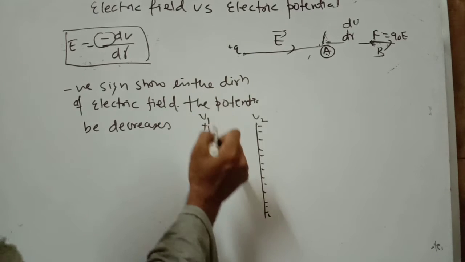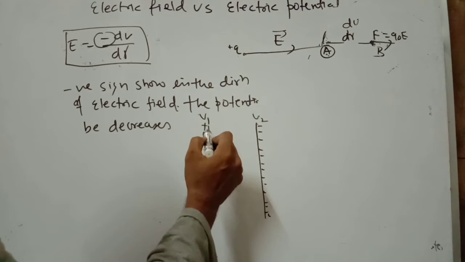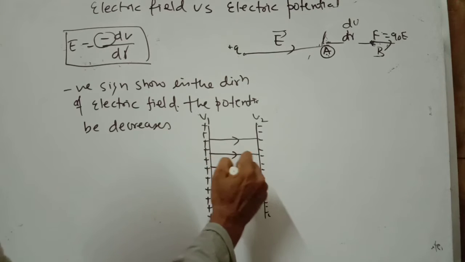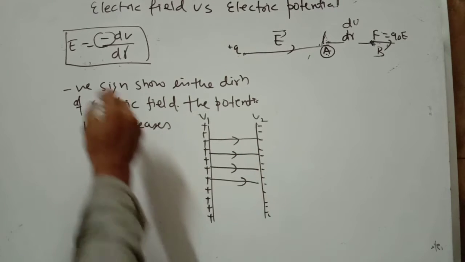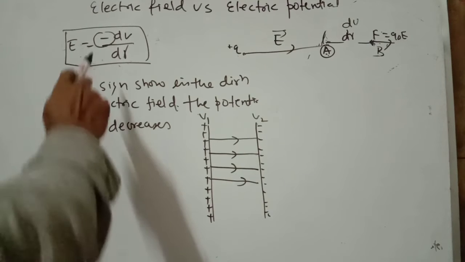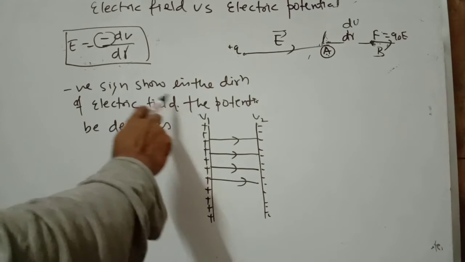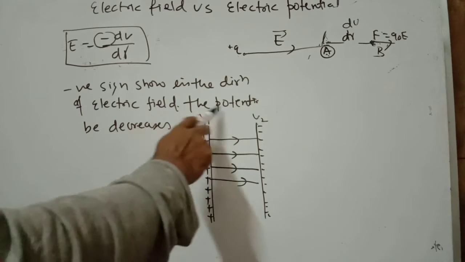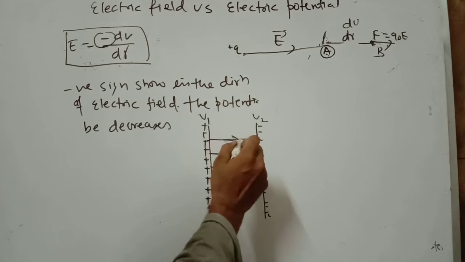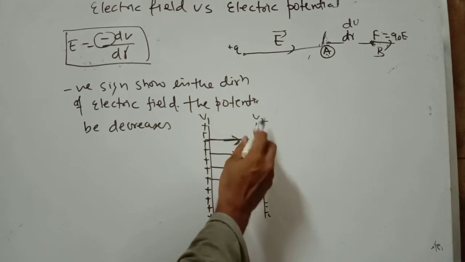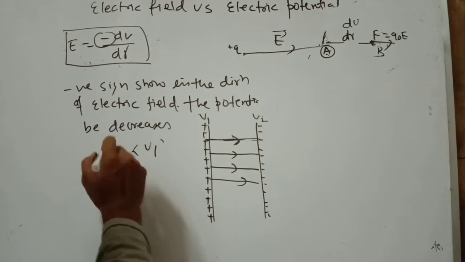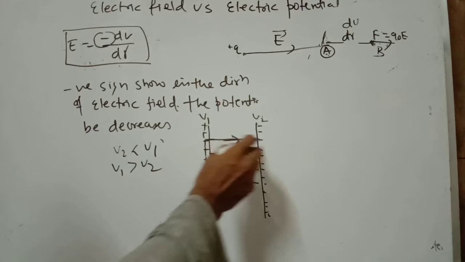We know the electric field direction is from the positive charge to the negative charge, and the electric field is the negative gradient of potential, so in the direction of the electric field the potential decreases. So V2 is less than V1, and obviously V1 is the higher potential with respect to V2.